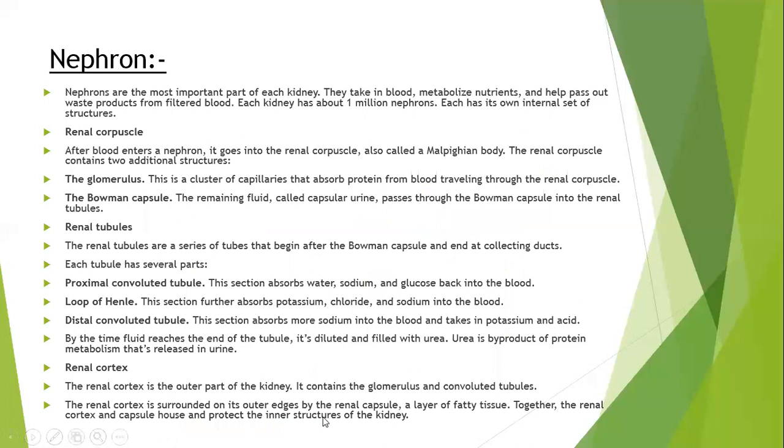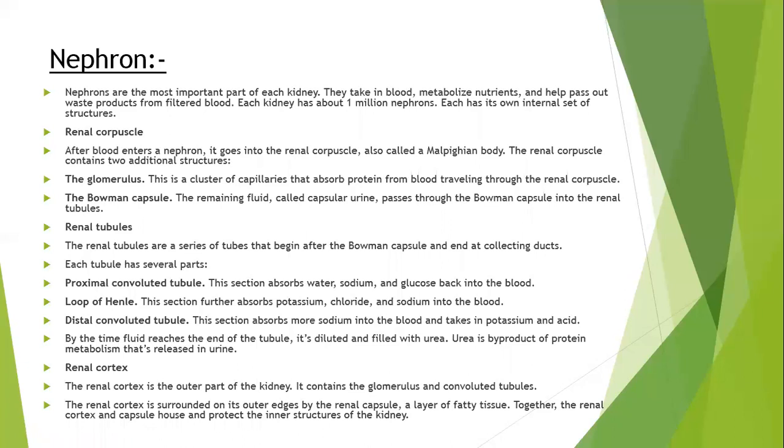Already I have discussed nephrons. Again, it has been seen that the different parts of the nephron are the most important part of each kidney. Basically, it takes blood, metabolizes nutrients, and helps pass out waste products from the filtered blood.